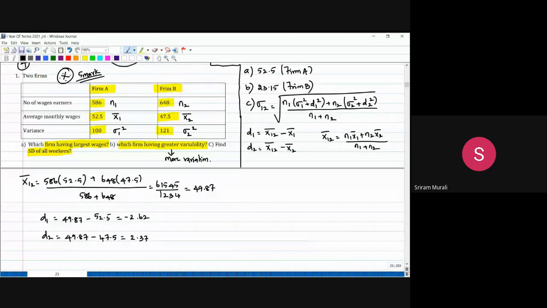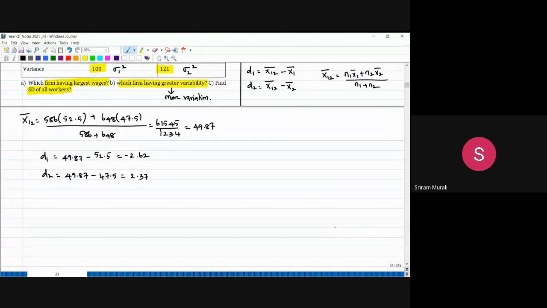So I have to substitute the sigma 1 2. So sigma 1 2 is equal to square root of 586 into 100 plus 6.86 plus 648 into 121.56 divided by 1234.